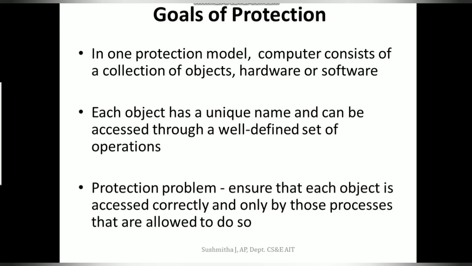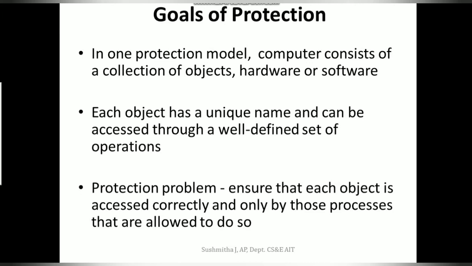Now, talking about the goals, we have the mechanisms and the policies that need to be followed. Mechanism and policy are two different things. Mechanism determines how something is done. Policy decides what will be done.